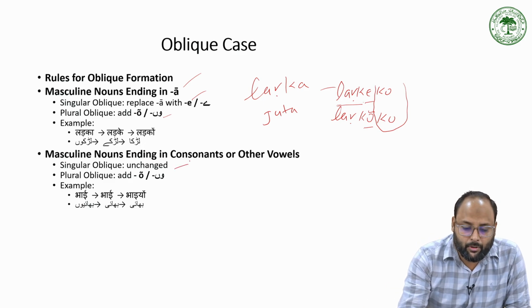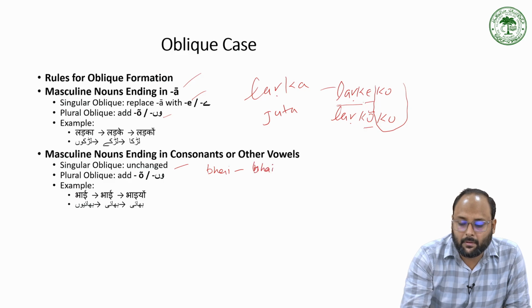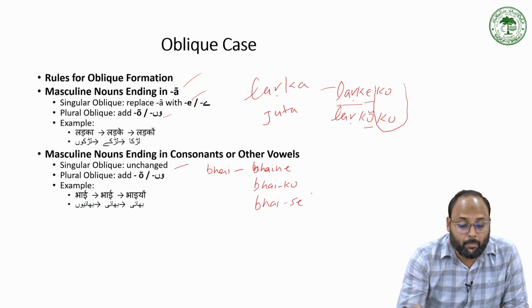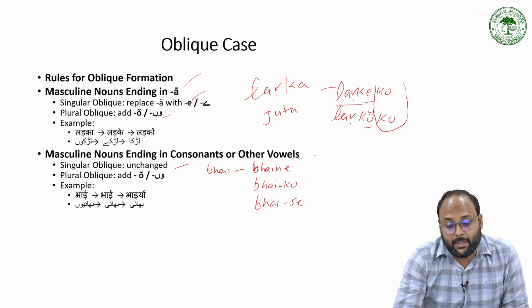So there is no change for the singular oblique, like bhai, bhai ne, और भाई को, भाई से. But for plural, भाइयों ने, so it changes with o.